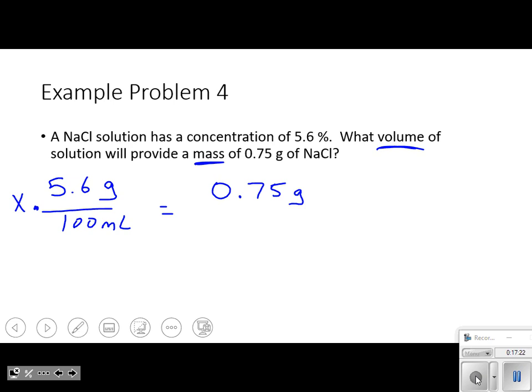So knowing my algebra, in order to get this guy by itself, I'm going to multiply by the inverse of it. What I do to one side, I'm going to do to the other.